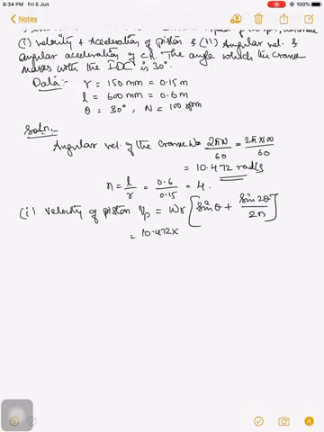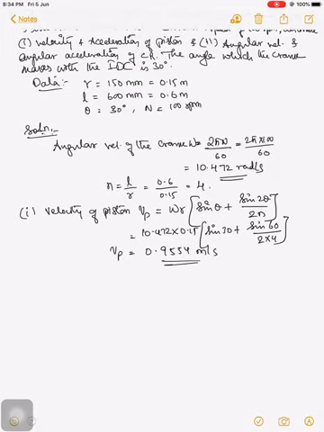Omega we know 10.472 into R value we know 0.15, theta is 30, so 2 into 30 is 60 divided by 2 into 4. So directly you can obtain the value: 10.472 into 0.15 into sin 30 plus sin 60 by 2 into 4. So the answer is 0.9554 meter per second. So this is the velocity of the piston.